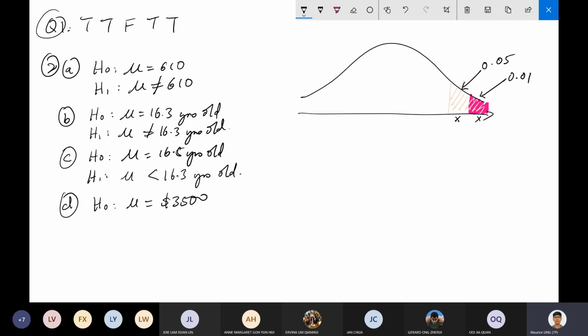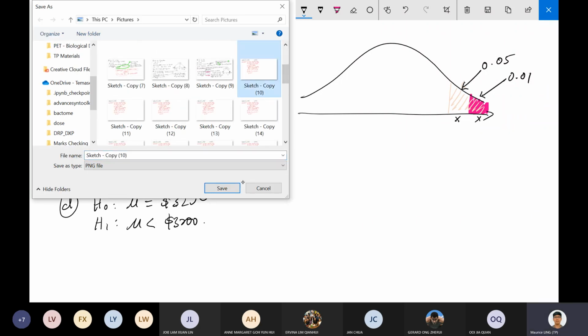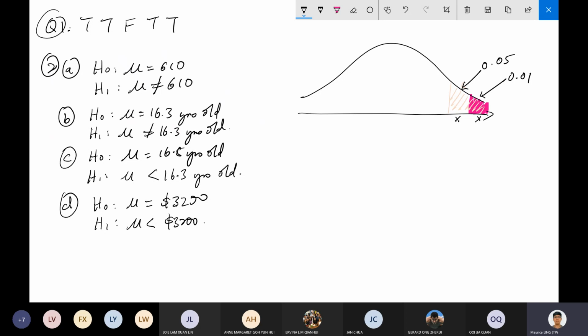So the alternate hypothesis, is it one tail, two tail? One tail. More than or less than? Less than. So the alternate hypothesis is less than 3,200. Yes. So that's it.